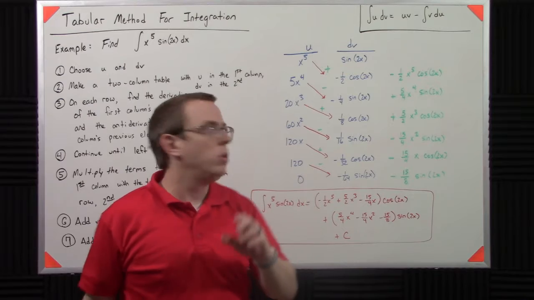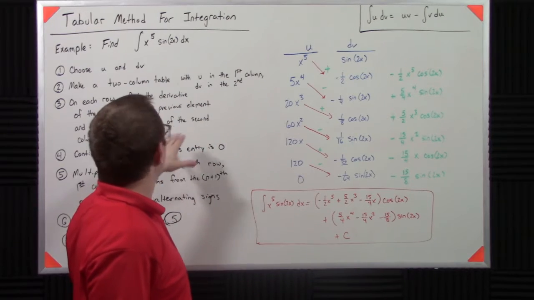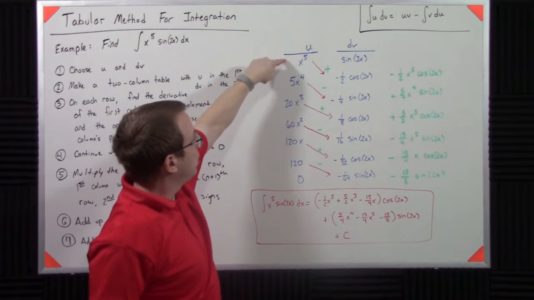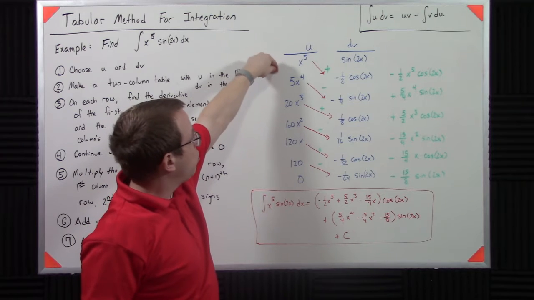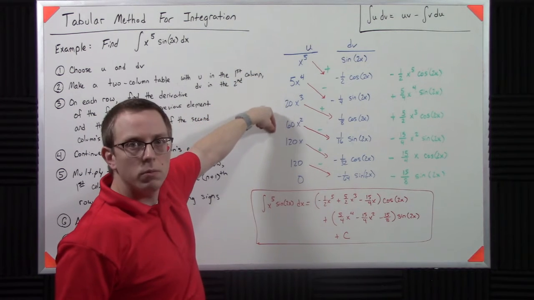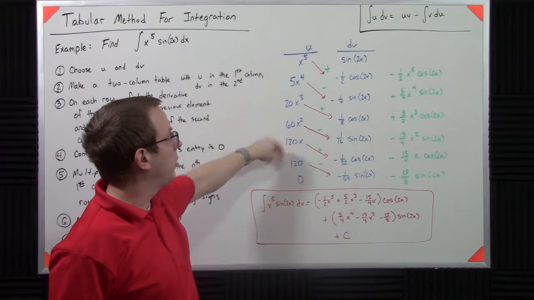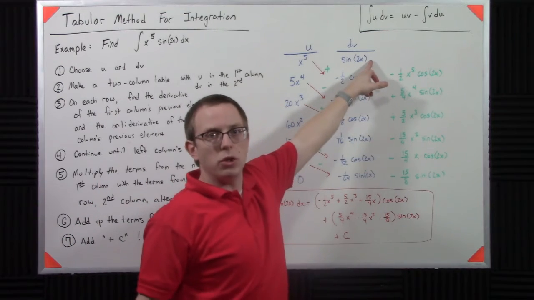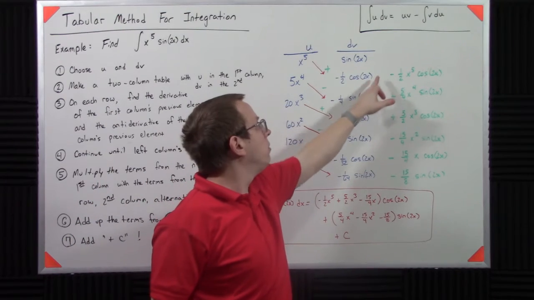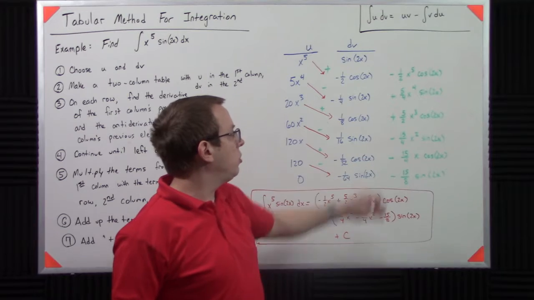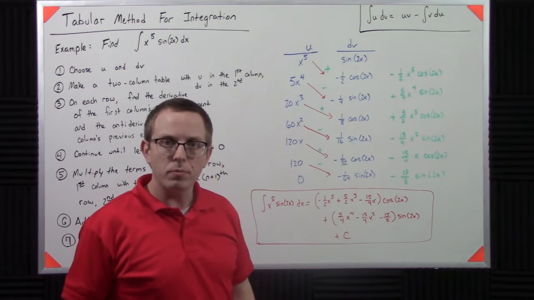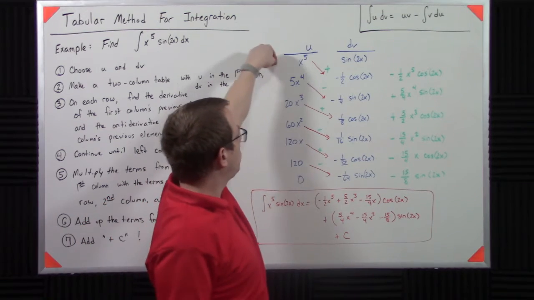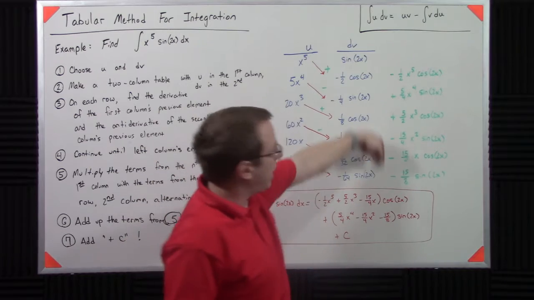For each of these, as you go down, you take the derivative of u all the way down. But for dv, you don't take the derivative, you take the antiderivative. So on this one you take the derivative, on this one you take the antiderivative.